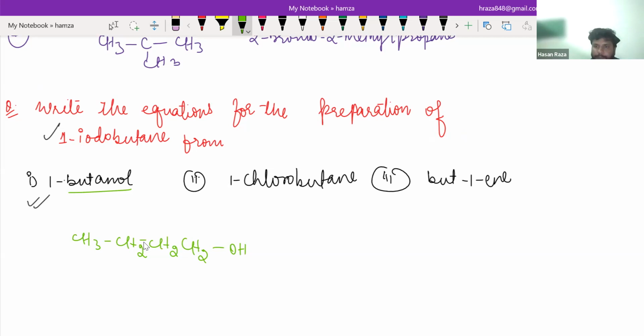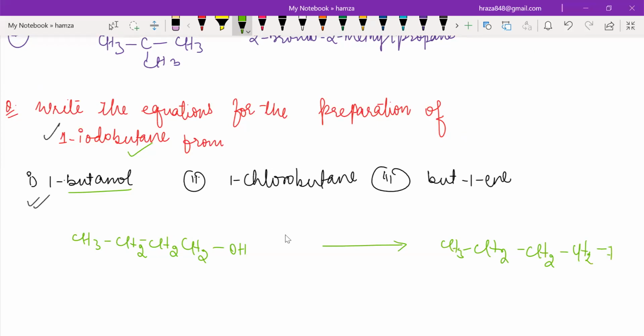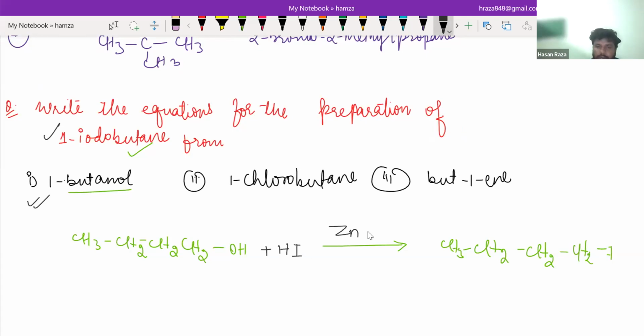Now see, what we need to make is 1-iodobutane. That means this is CH3, CH2, CH2, CH2, I. Yes or no? So what you need to do, if you add HI in the presence of ZnCl2, or there are other methods like PX3, you can use iodine, or PX5.